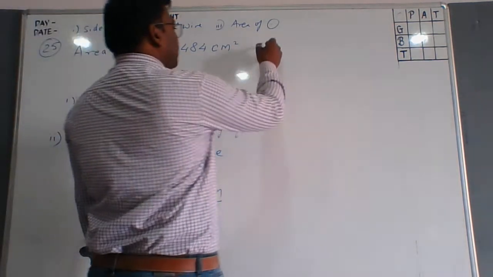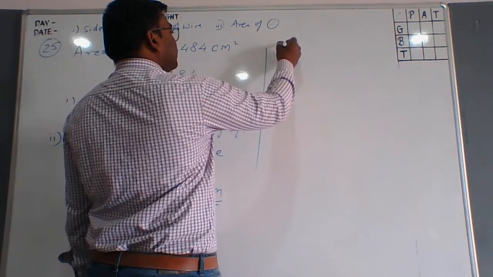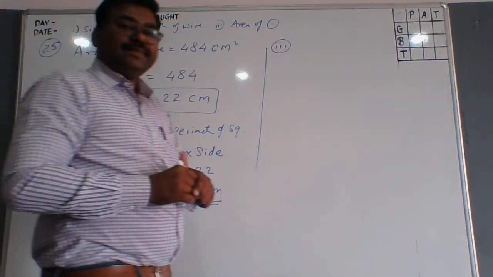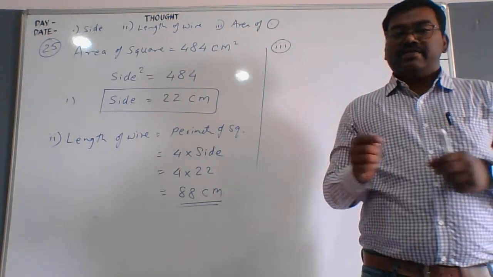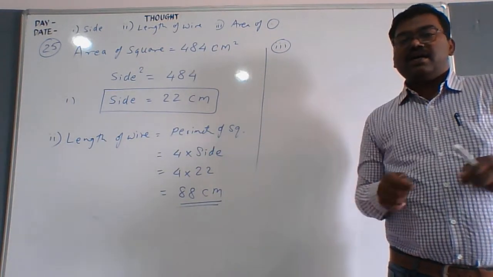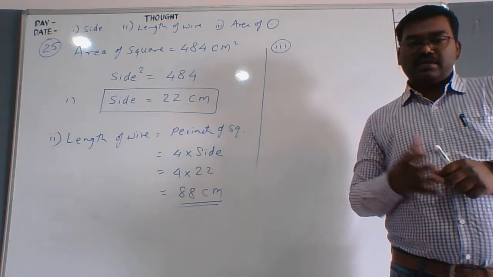Now to solve this third part, see what they had done. Whatever the wire which is made up of square, the square wire, again it is bent in the circle, right?